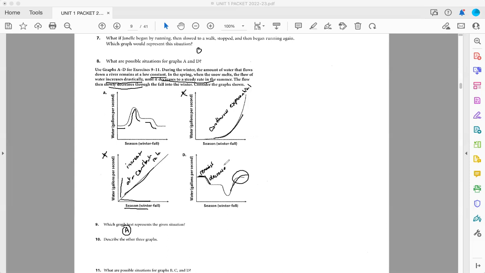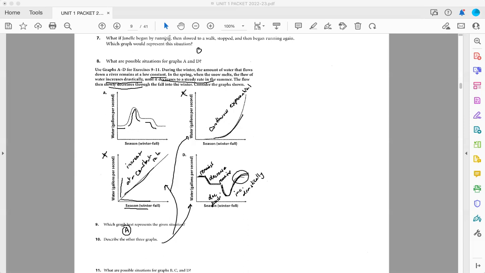When I say decrease at a constant rate, that means it's linear, and then it remains again at the same level, and then this decreases drastically. Then it increases drastically in the exponential. So keep that in mind, and this is the description here. We just provided this on the graphs.